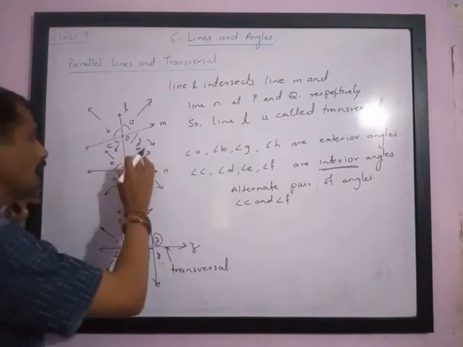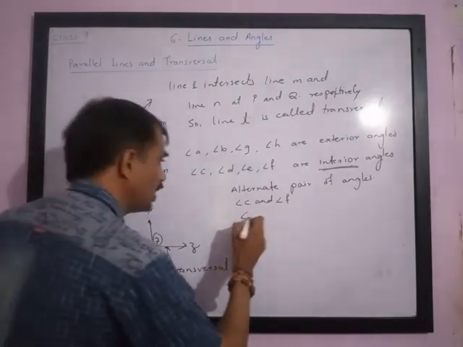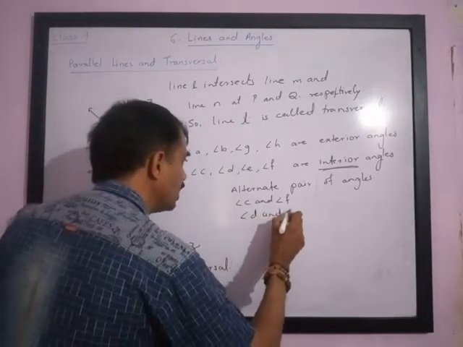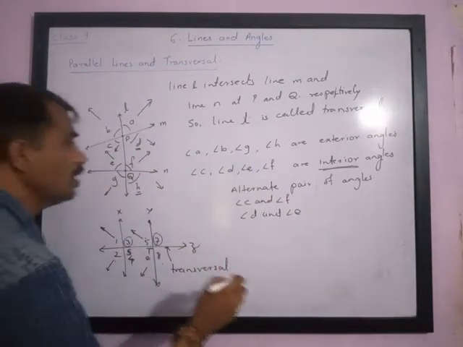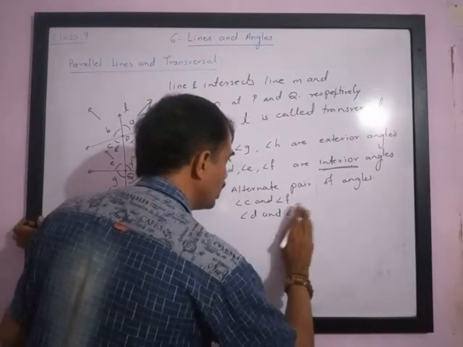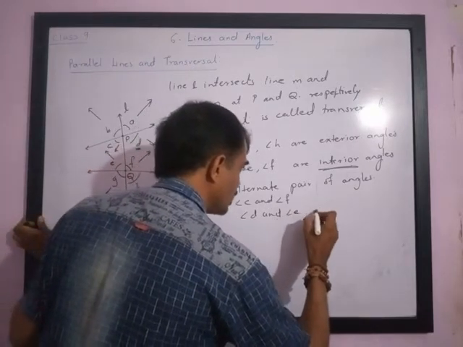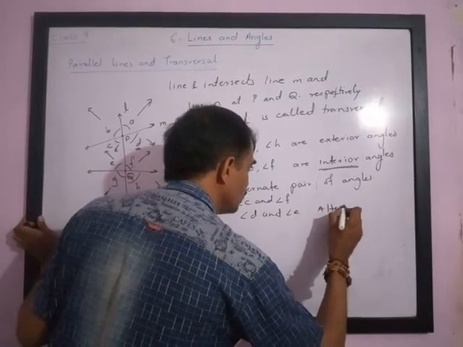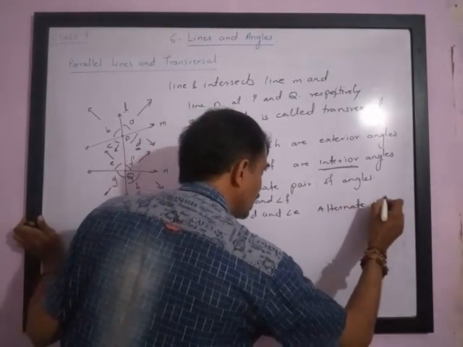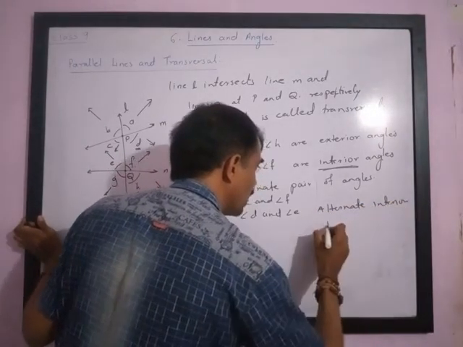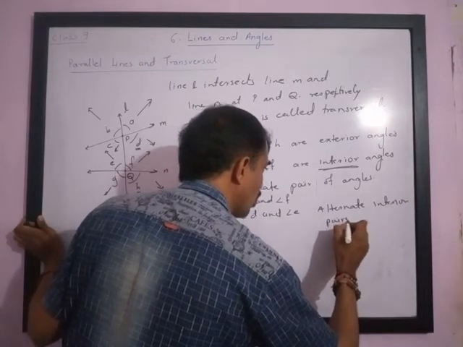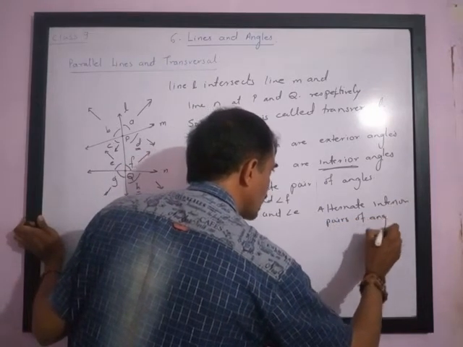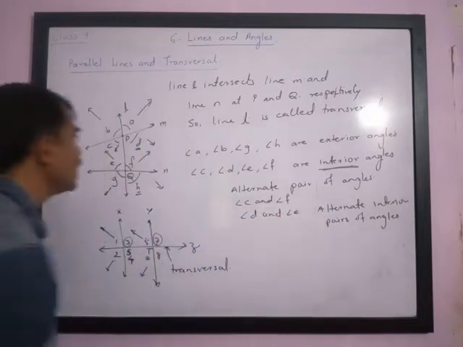So angle D and angle E form alternate interior angles. Two pairs are there for alternate interior.